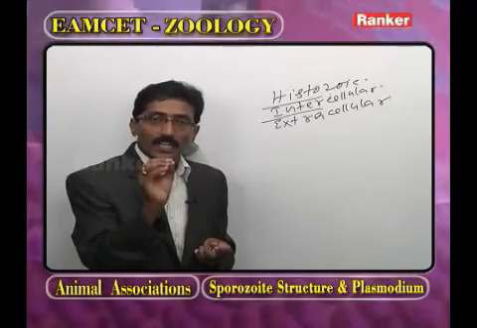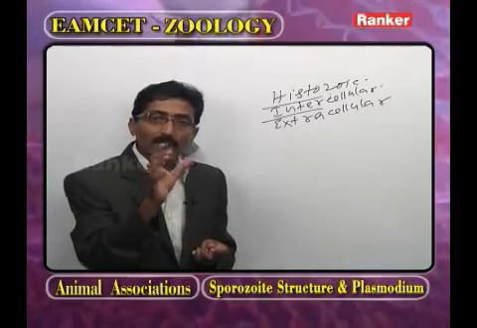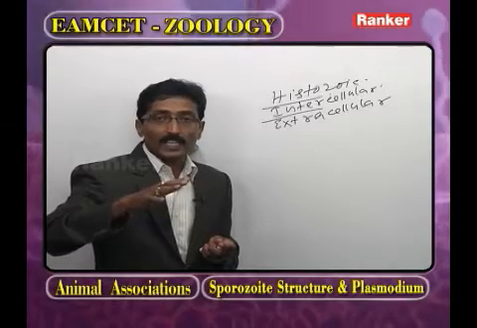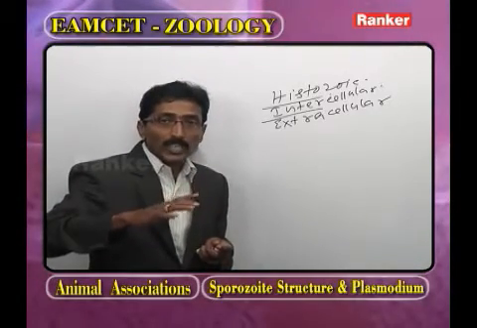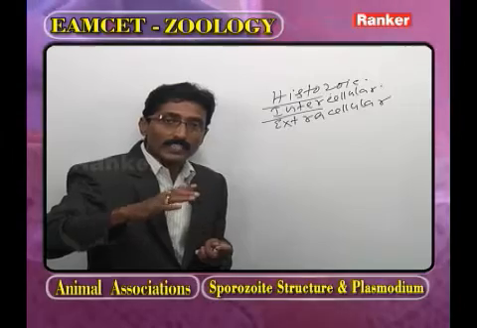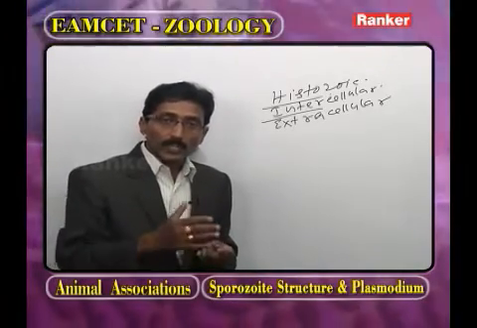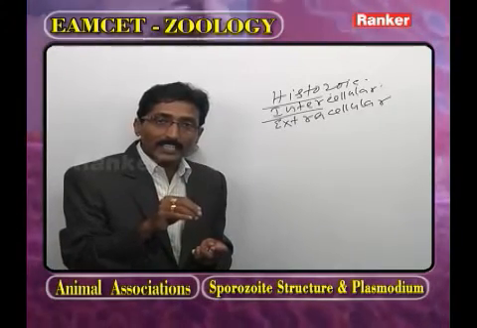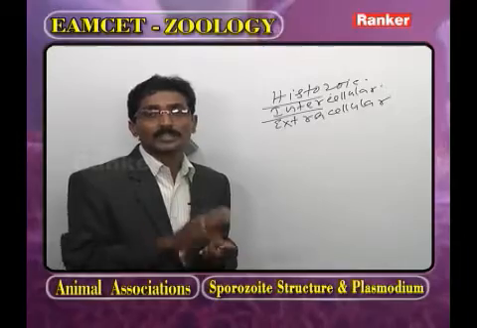Schuffner's dots are red in color. They are the antigens released by Plasmodium. But the intensity of the antigens is not always the same. From time to time the intensity of antigens varies, so till date we are unable to prepare a correct antidote for the Plasmodium that causes malaria.